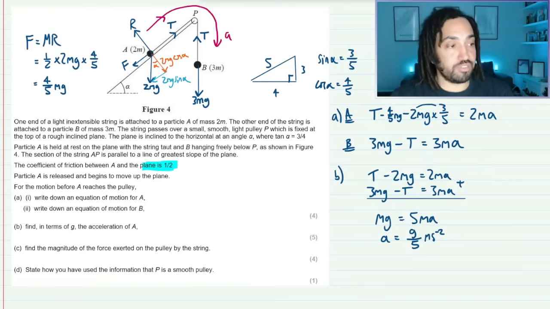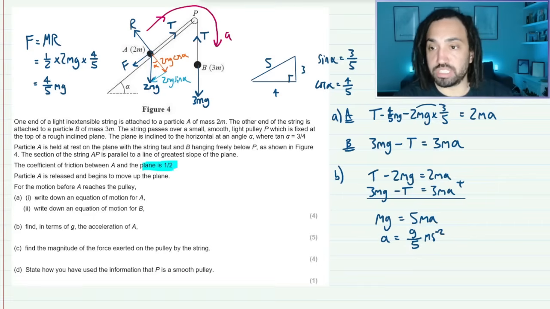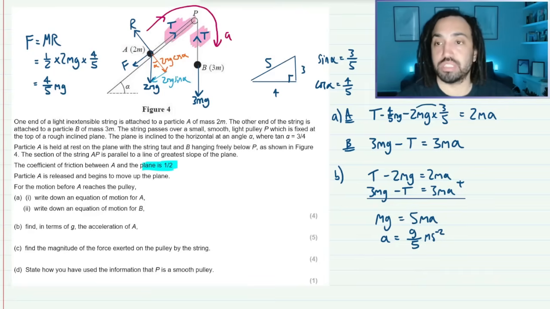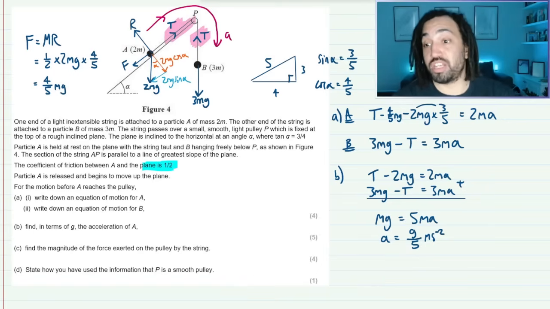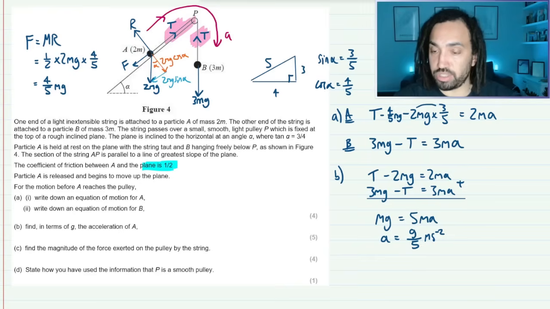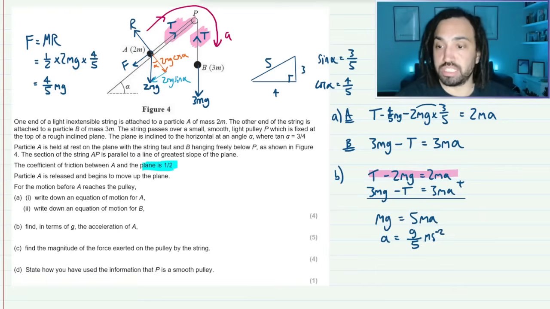Okay, and then it says find the magnitude of the force exerted on the pulley by the string. So let's just zoom in on the pulley and see what forces are acting on it. We've got tension acting at this angle here, and we've got tension acting straight up. So the first thing we need to do is actually find what the tension is. So let's use this formula here. It's equal to 2ma plus 2mg.